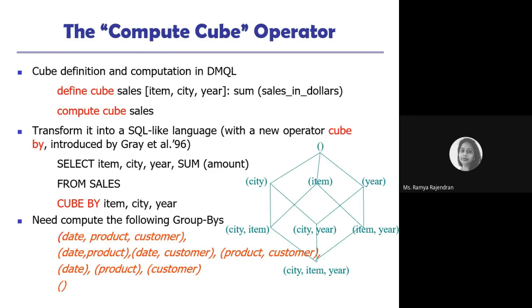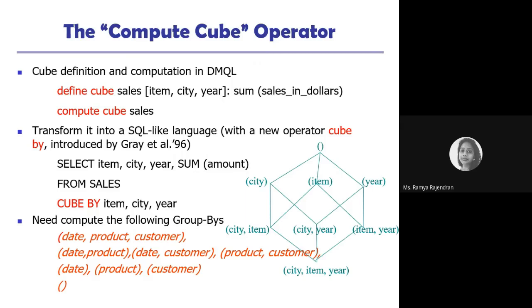Computing this cube: for example, we'll have a cube for sales, and product and so on. First we compute a cube for sales. We define what variables we're going to have, and then we keep it. Then for a product we can do the same thing.